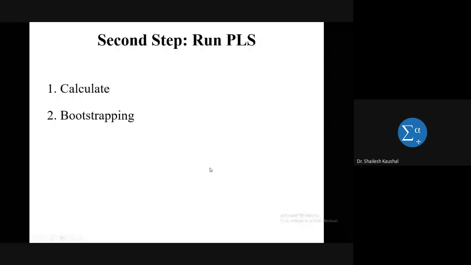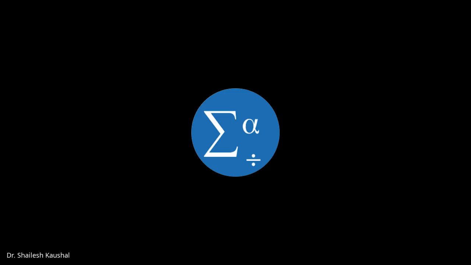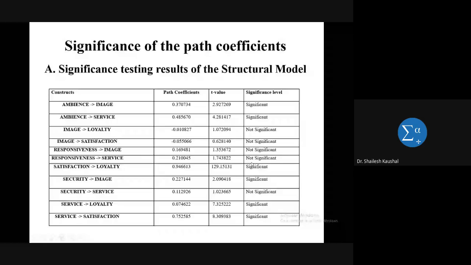So we can show our result like this. Some are significant and some are not significant. So we will show the path coefficient like this. And another is the significance testing of the total effect.